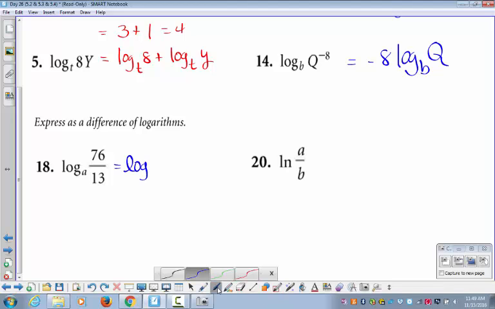So this is going to be log base A of 76 minus log base A of 13. And this will be natural log of A minus natural log of B. Those are our three main properties: product, quotient, and power.